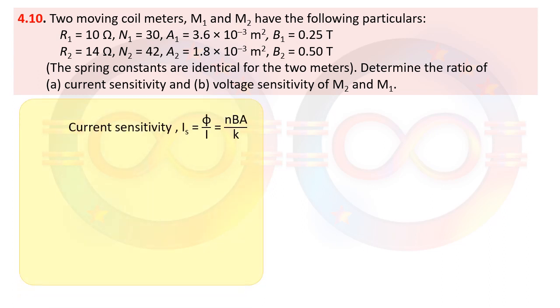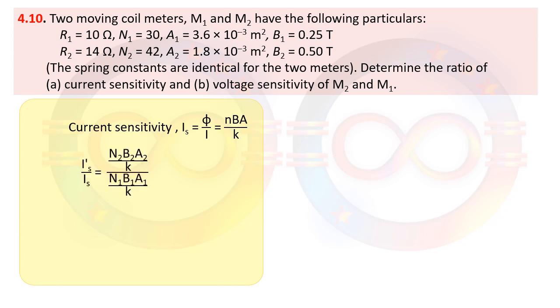It is nothing but deflection per unit current, and it is NBA upon K, where N is the number of turns, B is the magnetic field which is being produced by the magnets in the moving coil, A is the area enclosed by the coil, K is the spring constant. So K is constant, the spring constant is identical for both the meters.